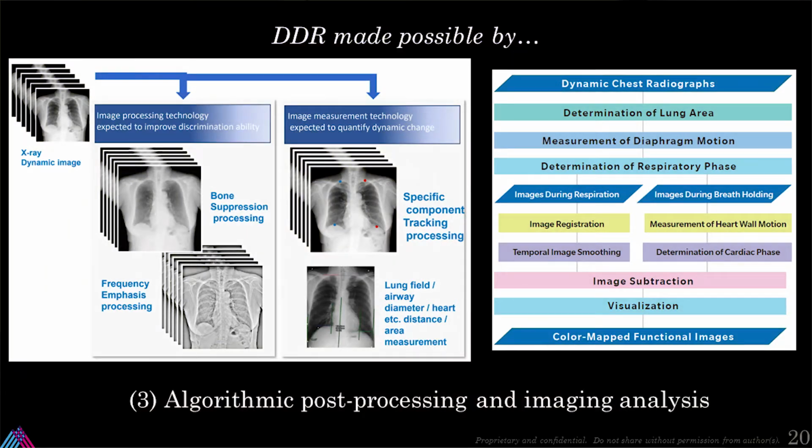So again, this is part of that post-processing that I alluded to earlier, where you can take that dynamic digital radiograph and do a lot of post-processing on the radiograph to enhance those structures and emphasize the structures that you're interested in. I'm sure if you've seen subtraction radiographs, you might have a way of visualizing that in your head.